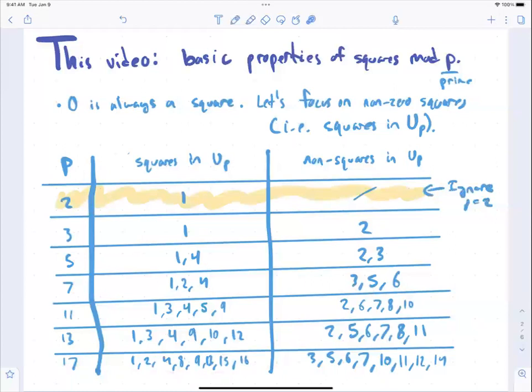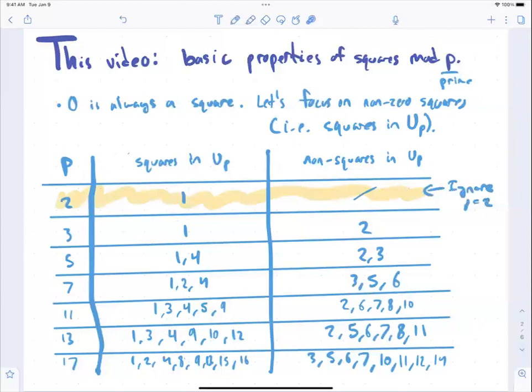One thing to note is that if you're computing squares mod p, say I want to compute all the squares mod 7, I only have to compute 1 squared, 2 squared, and 3 squared. The reason being that 4 is equal to -3, so 4 squared is -3 squared. 5 is -2, so 5 squared is the same as 2 squared, because when you square, that minus goes away.